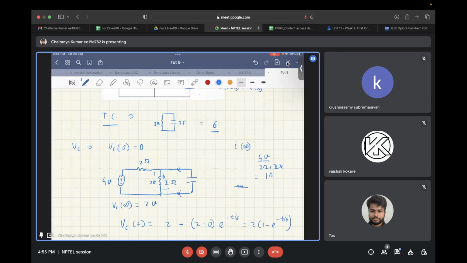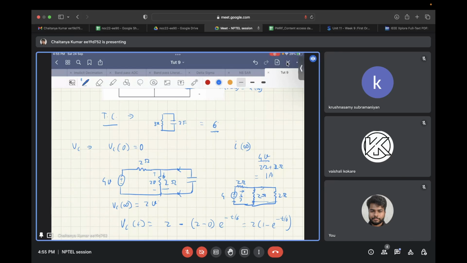You have a 2 ohm resistor and then again a 2 ohm resistor, so this becomes 1 ohm equivalent resistance. So the current flowing is 4 by 3, and that 4 by 3 gets divided equally in these two resistors because they are of equal values. So 2 by 3 current flows through this resistor.